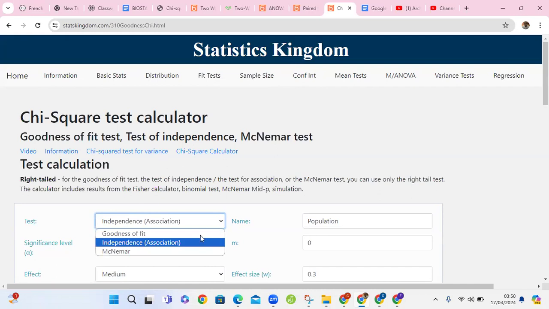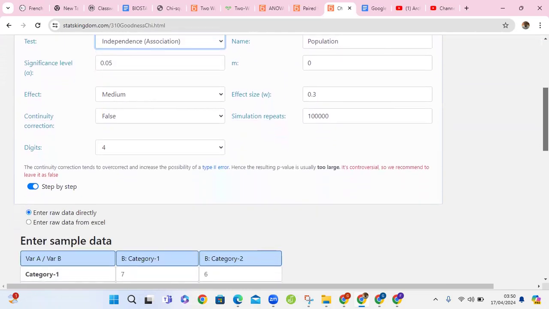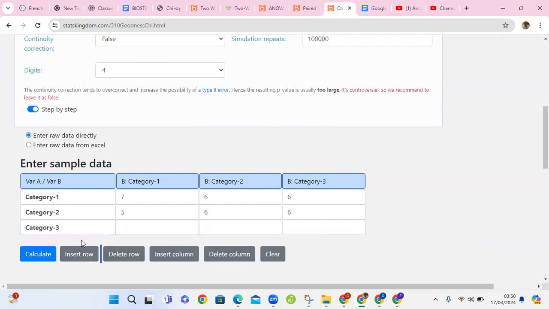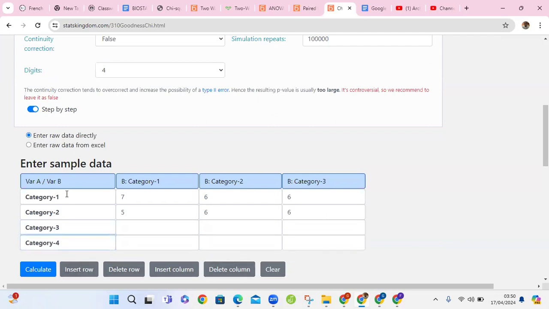You have the goodness of fit, you have the McNemar, and you have the independence or association. So that's what we want to use. Our significance level is 0.05. So what we need to do is to input our data. We need one more column and two more rows, because we have 4 different types of drugs and 3 different types of disease.